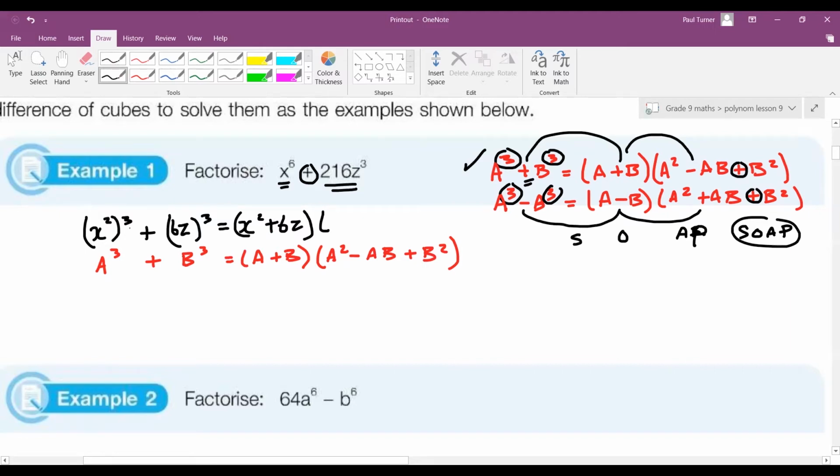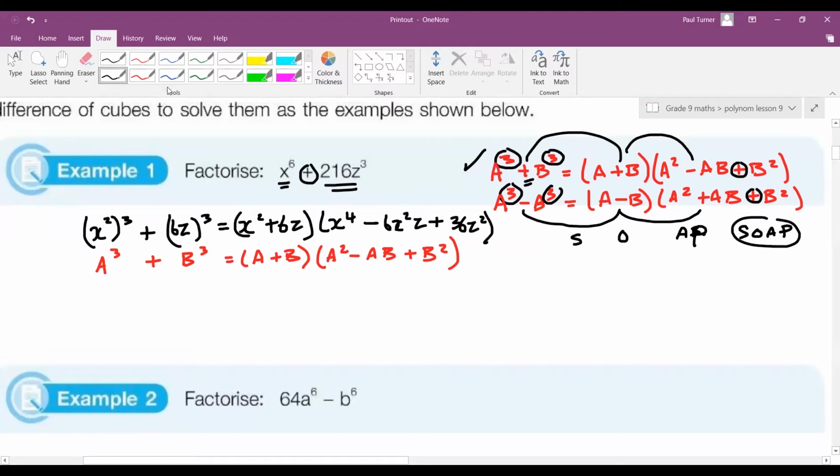And then we have a squared. Well, x squared will be x to the 4, minus a times b. So x squared times 6z. So make that 6x squared z. I'll put the 6 in the front. And then the last number squared. So 6z all squared would be 36z squared.